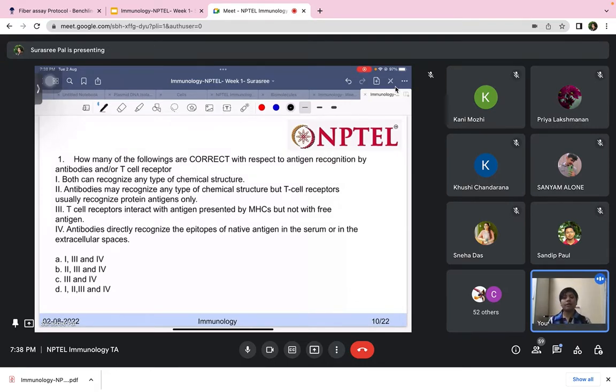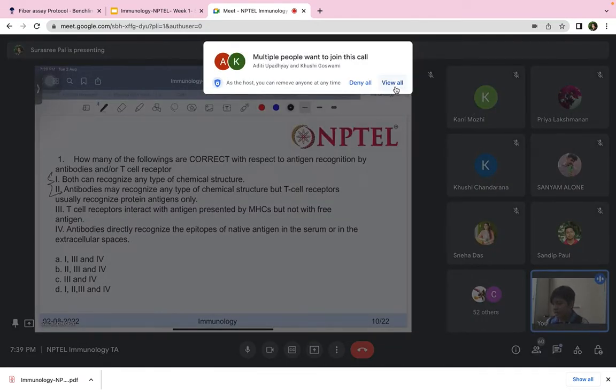Next, option number 2: antibodies may recognize any type of chemical structure, but T cell receptors usually recognize protein antigens only. You can see here that options 1 and 2 are mutually exclusive. Okay, somebody has answered, we will check your answer. So only one of them will be correct.